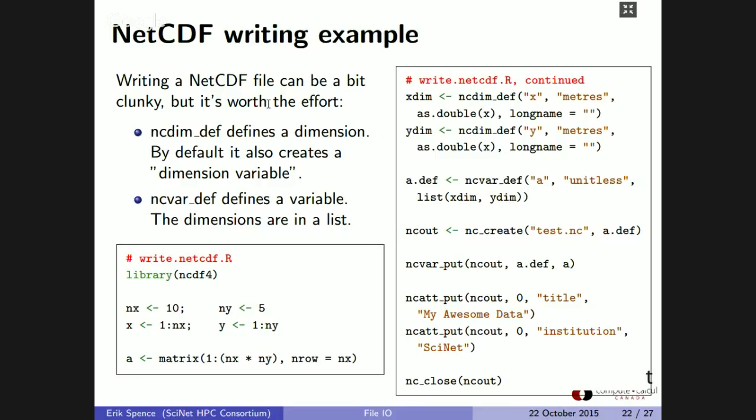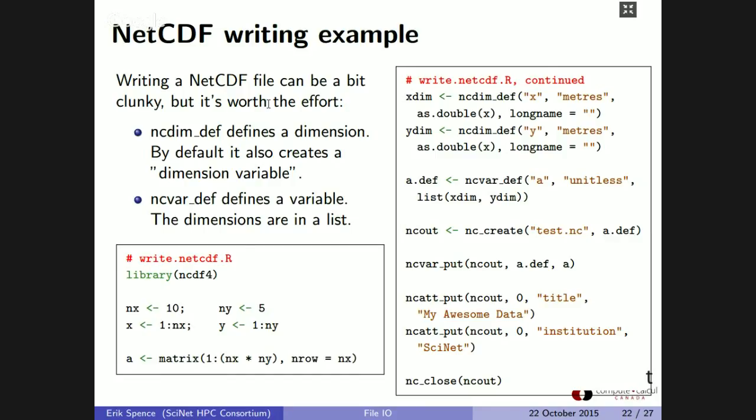Here's a matrix, I'm just doing 1 through 50. It's just a 5 by 10 matrix. Then I create my dimensions, x and y.